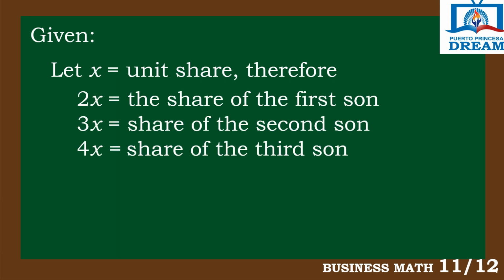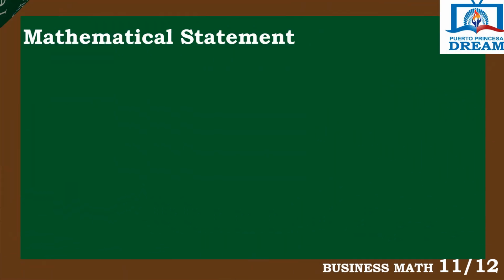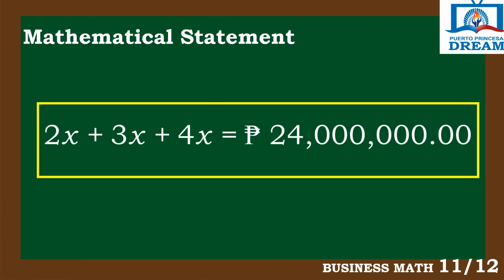Therefore, 2x is the share of the first son, 3x would be the share of the second son, 4x would be the share of the third son. Writing the mathematical statement, we have 2x plus 3x plus 4x is equal to 24 million pesos.